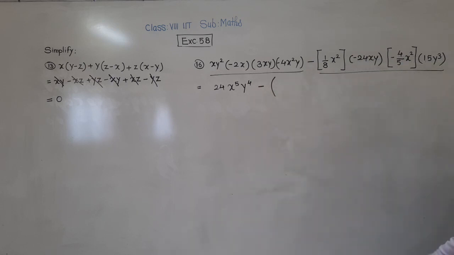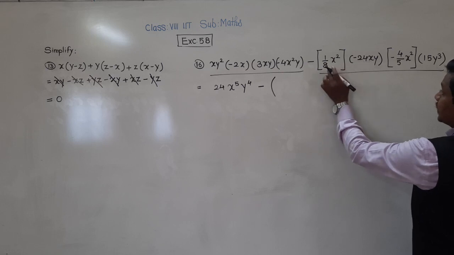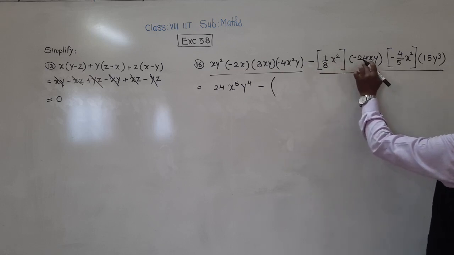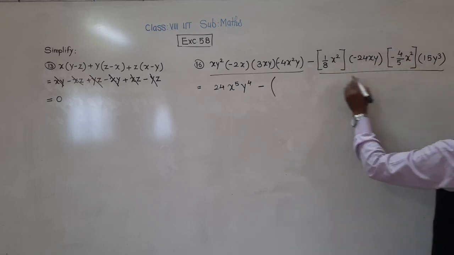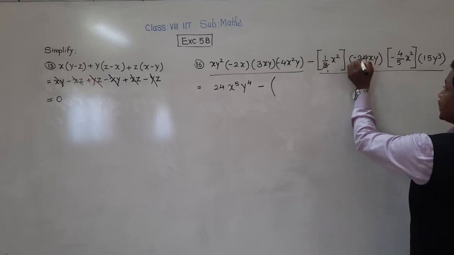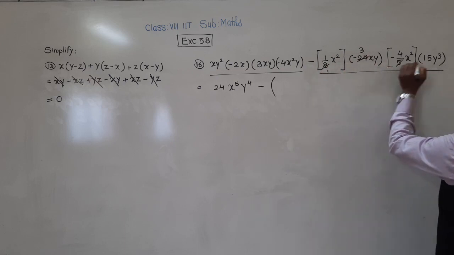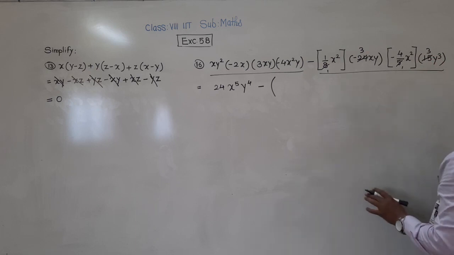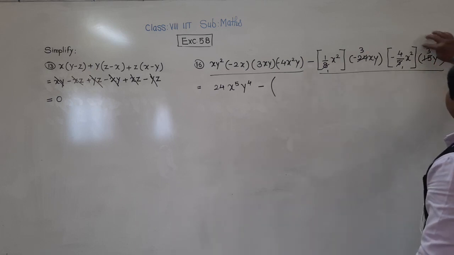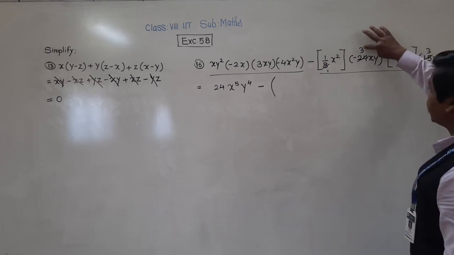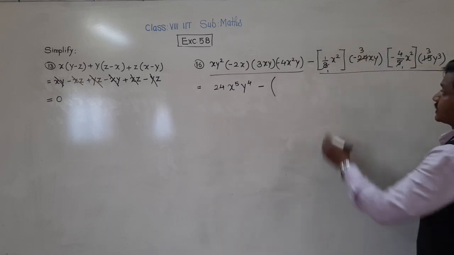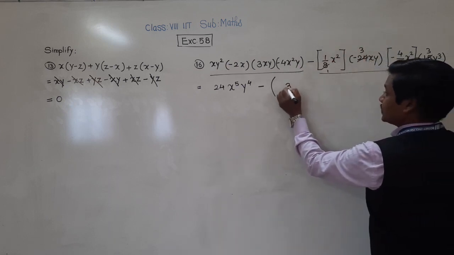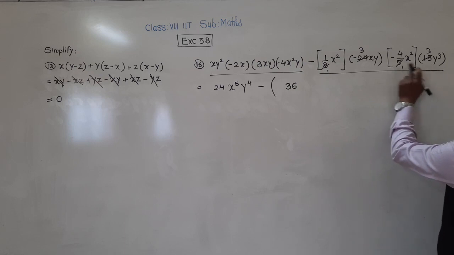Minus, here see, 1 by 8 into 20 minus 24 into 4 upon 5 into 15. So see, 8 ones are 8, 8 threes are 24, 5 ones are 5, 5 threes are 15. Denominator: 3 fours are 12, 12 threes are 36, ones are 36. Now let us decide whether it is plus or minus.